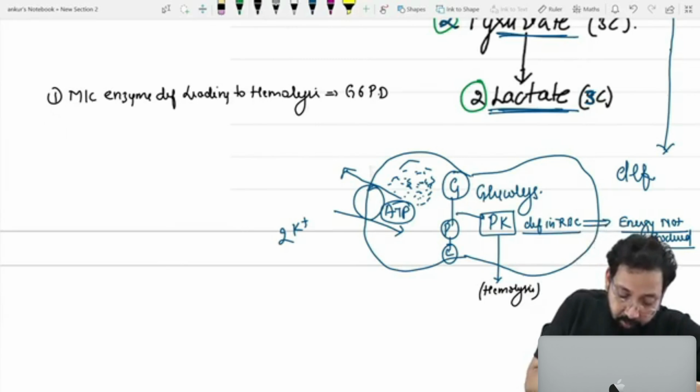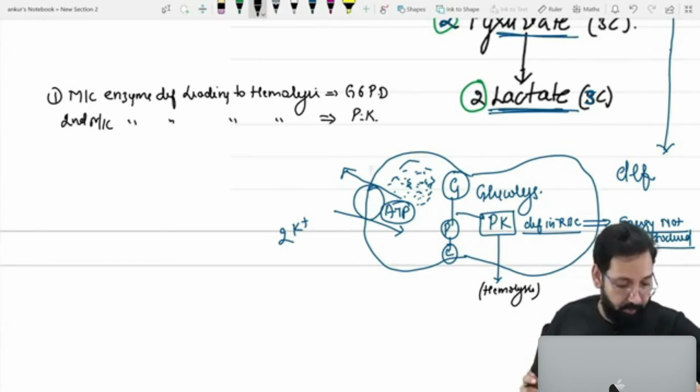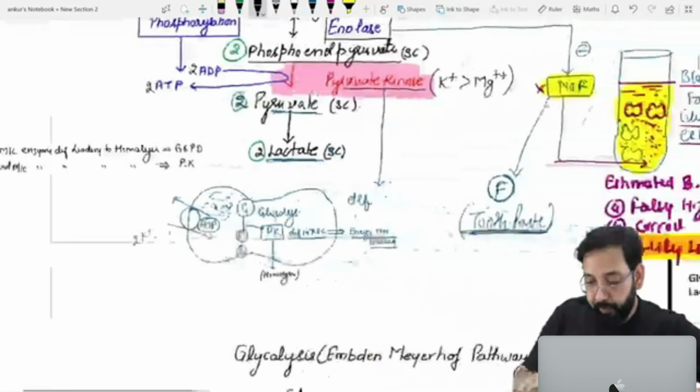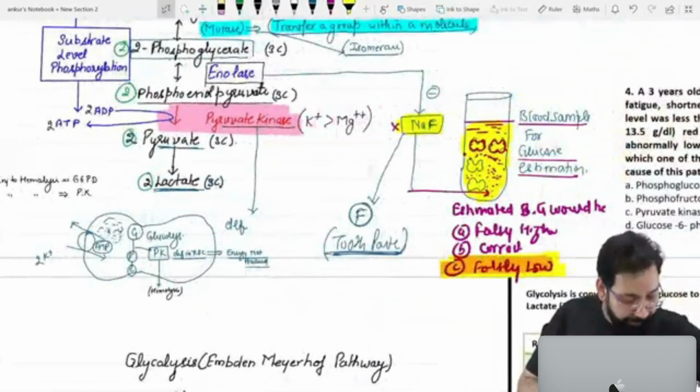Second most common enzyme deficiency leading to hemolysis is pyruvate kinase. Are you getting this?